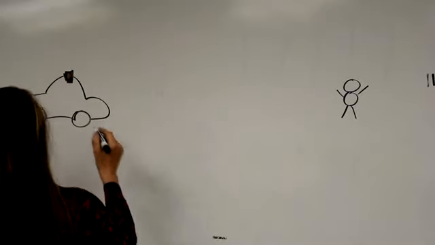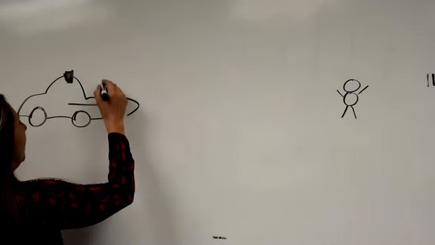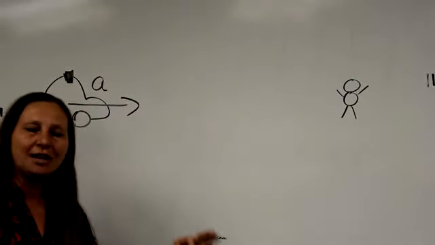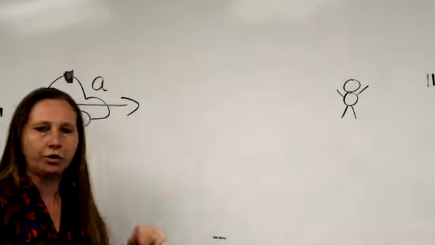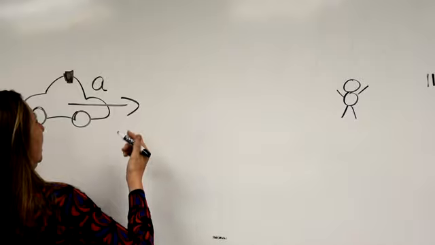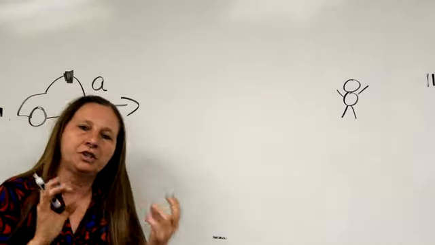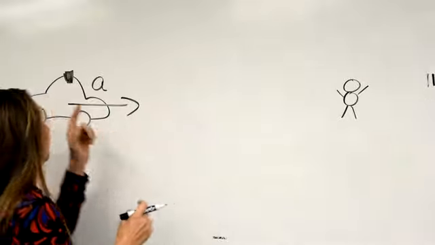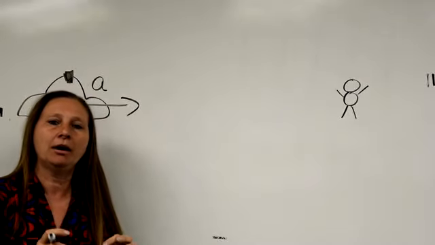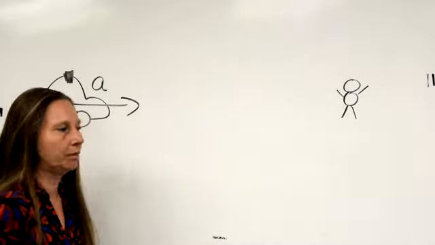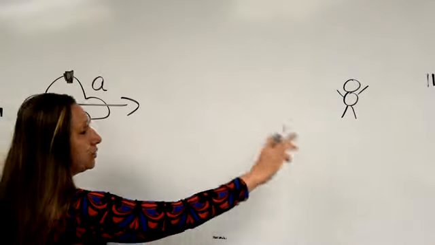Okay. Here's the siren. Now, what if it is accelerating toward you, going faster and faster toward you? I don't much care at this point what the sound is actually coming out of the siren. What I care about at this point is how it changes. It's coming faster and faster.